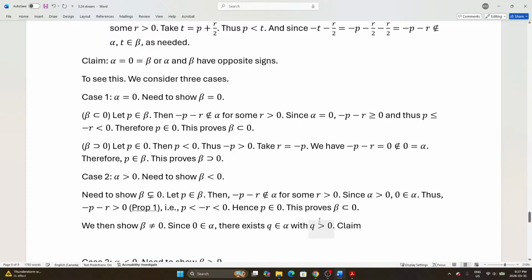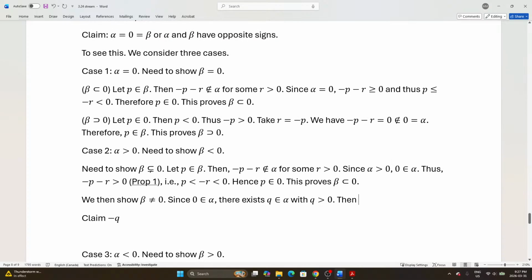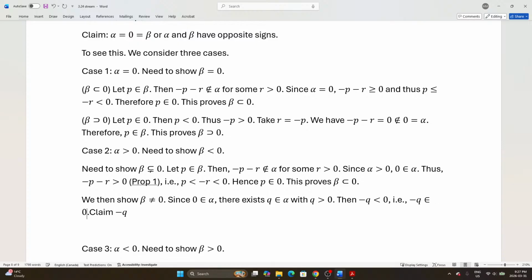Claim: minus q is not in beta. Since q is greater than 0, minus q is less than 0, i.e. minus q is in the cut 0. We claim that minus q is not in beta.